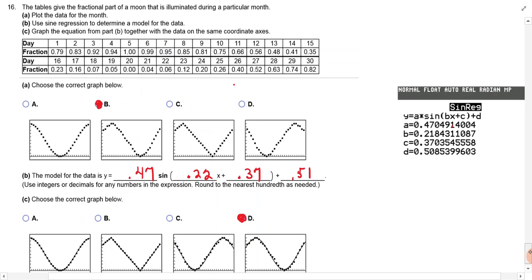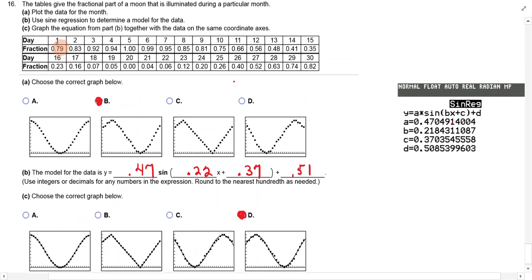So what you'll do is you'll put in all this data. This is day 1 through 30, and a fractional part of the moon that's illuminated during that day. So that's a lot of data to put in, sorry. But you do have to put in the days will go in L1 and the fractions will go in L2.